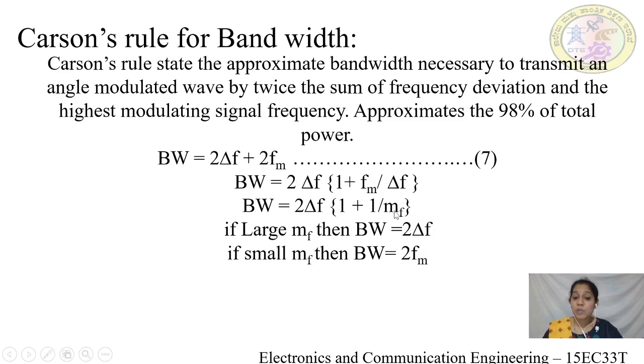We know that the modulation index is the ratio of frequency deviation to modulating frequency, and hence substituting the value of mf, bandwidth is equal to 2 delta f into (1 plus 1 by mf). If mf is large, then bandwidth is equal to 2 times delta f, and if mf is small, then bandwidth is equal to 2 times fm. So this is Carson's rule.